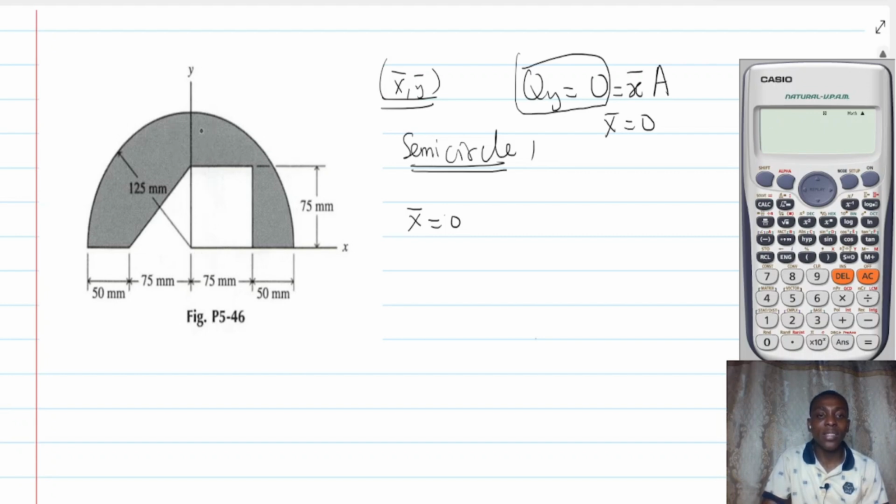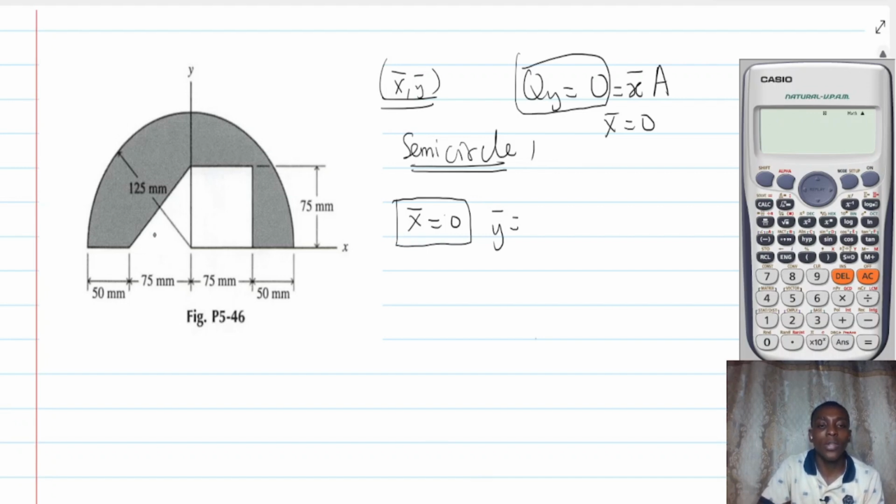So the x bar is 0 for the semicircle anyway. All right. So like I said, x bar is 0. Okay. Now let's find y bar.